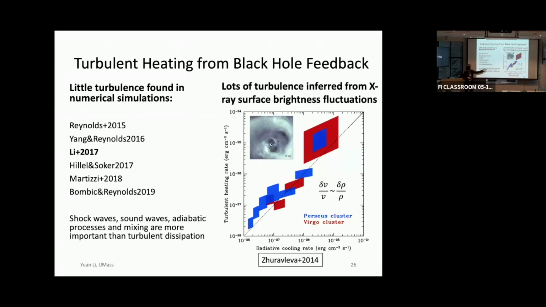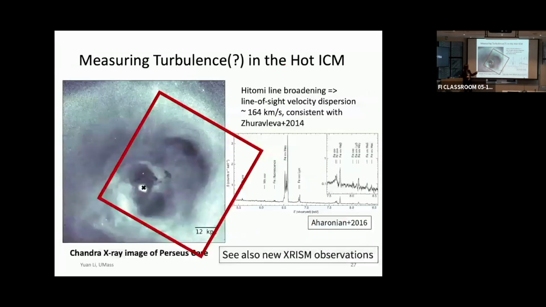And you can say, wow, there are so many assumptions going into that. I don't believe you. Very quickly, it was confirmed by a more direct measurement of the velocities of the hot plasma. This was by, back then, Hitomi. Hitomi was an X-ray telescope that had exquisite spectral resolution. It tragically died after it made one observation.